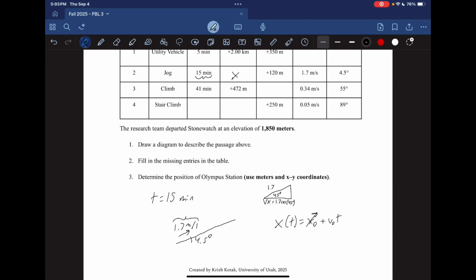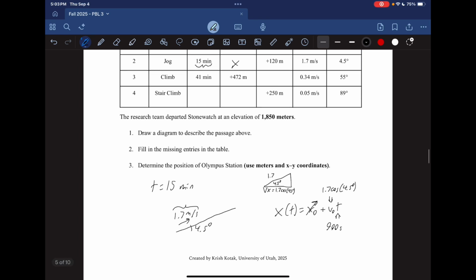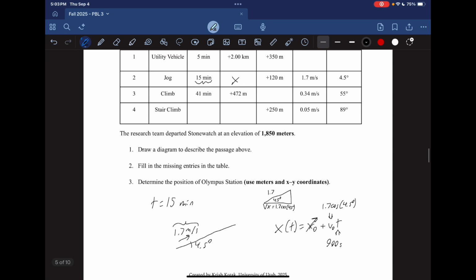Our v naught is our v sub x that we found, so this is 1.7 cosine of 4.5 degrees. And our time t is 15 minutes. Now we need to convert that to seconds. There's 60 seconds in a minute, so 60 times 15 is 900 seconds that they travel at that velocity in the x direction.